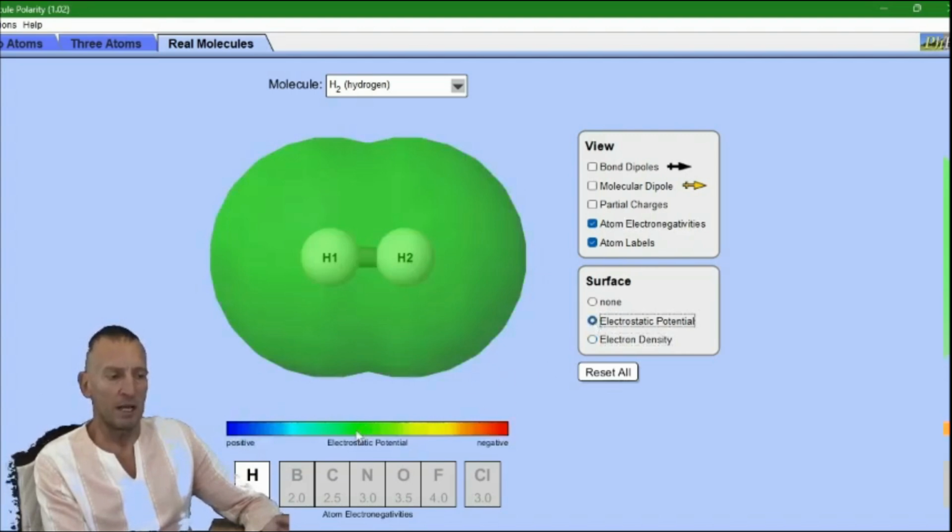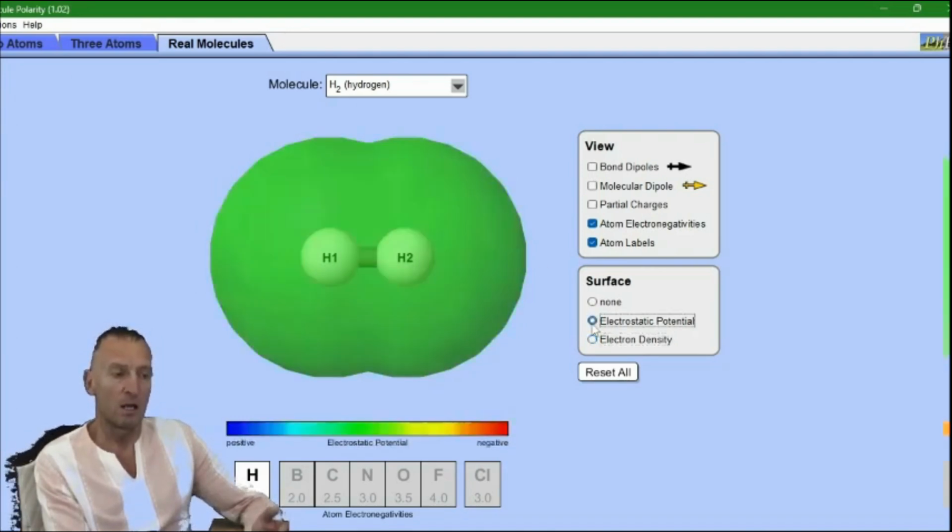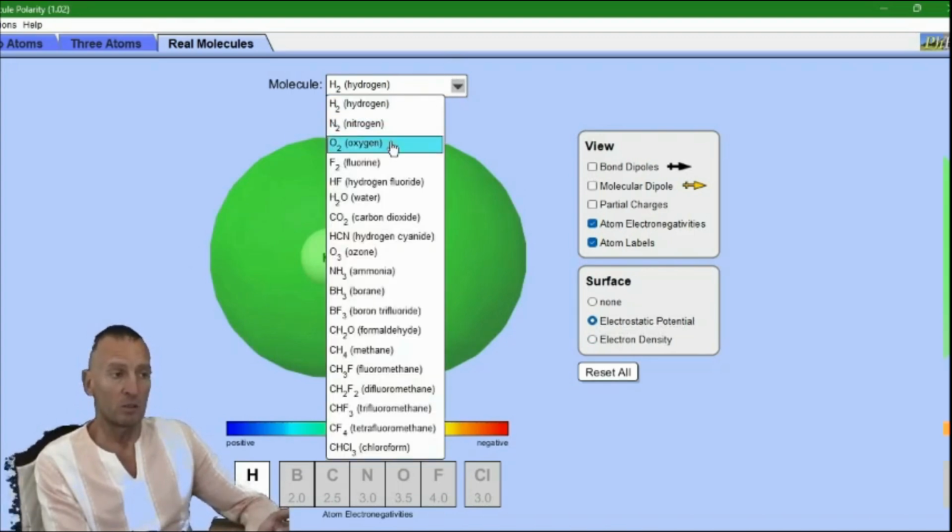Electrostatic potential is there, the positive is there, the negative is there. So now you can see the electron densities all around the molecule. And this sharing of electrons is called a covalent bond, because the electronegativity is the same.